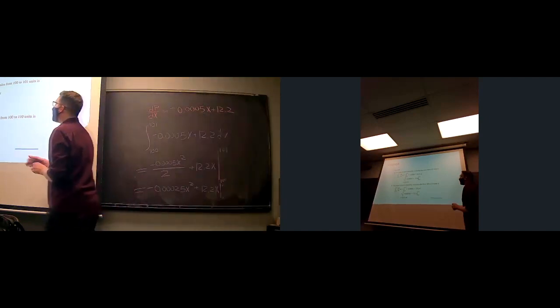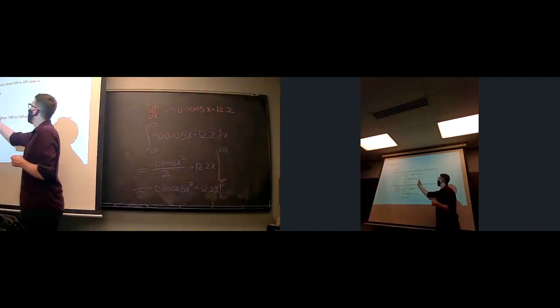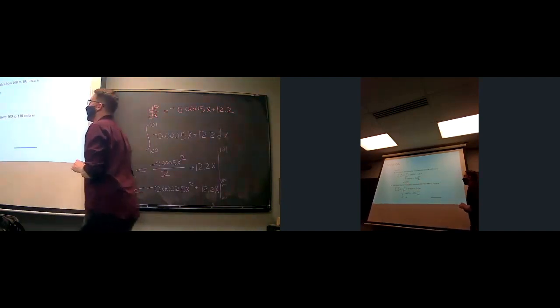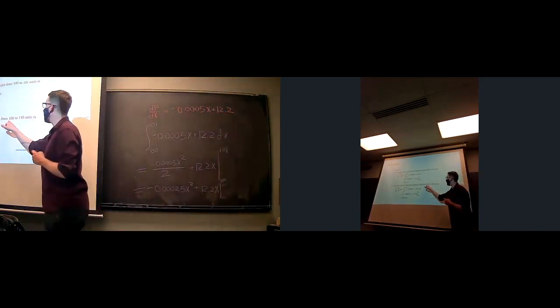And then they just did the algebra, right? They calculated what it was at 101 and subtracted from that the calculation at 100. Came up with 12.15. Then the second part of the question asked us to do the same calculation, but from 100 to 110. And the change of profit in that case came out to be $121.48.